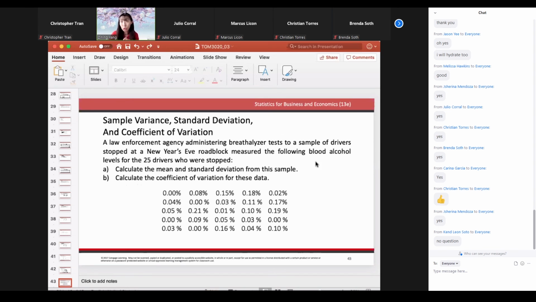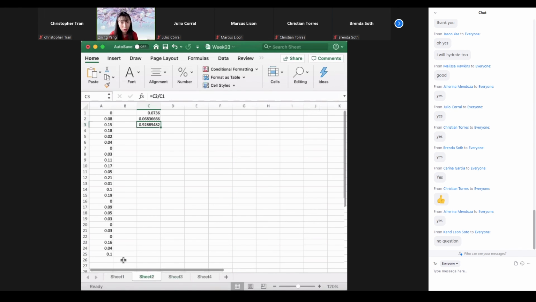If you were to practice this after class, which I don't want to keep you longer, so I'm quickly showing you the easiest way: first input all 25 numbers in Excel. Don't worry about percentage. You can translate into percentage later after you do calculation, but just type the number.